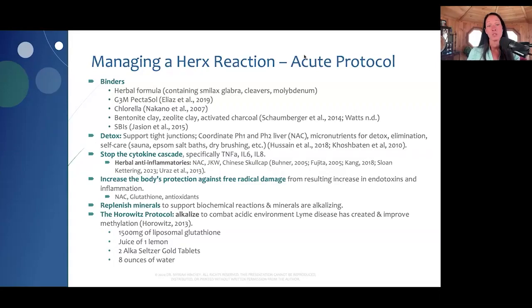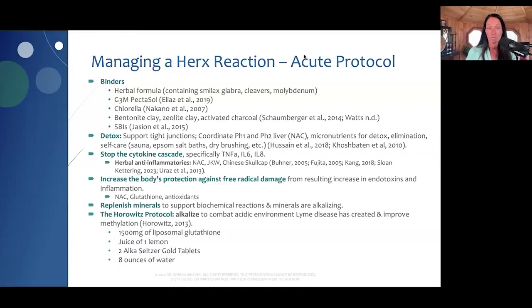And then also, we need to make sure that we're replenishing minerals and vitamins that are needed to support biochemical reactions. I specifically say minerals here because minerals overall are alkalinizing, right? And again, that's one of our sort of three-pronged approach here to dealing with a Herx, is to bring alkalinization to the body.